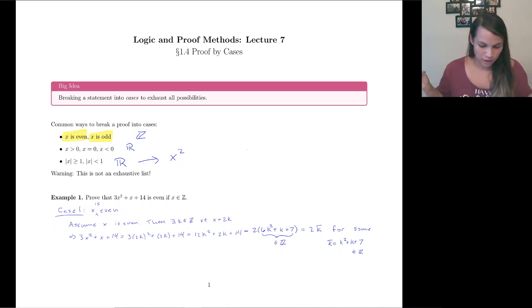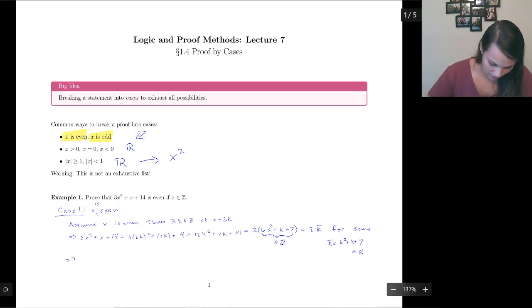So there we go. We have written our expression as 2 times an integer. So now we can say there exists an integer such that our expression was equal to 2 times that integer. But we had x was even.